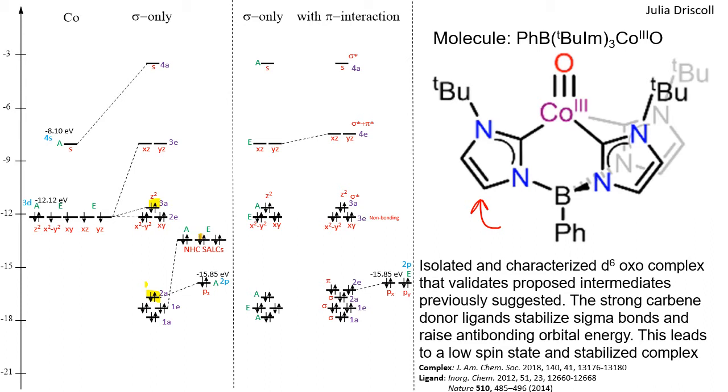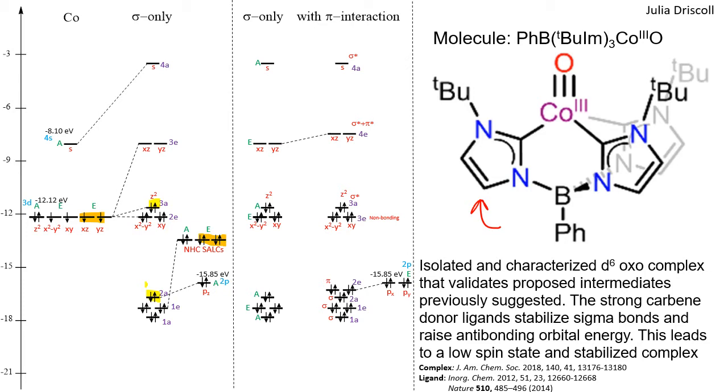So the E SALCs can mix with the xy and the xz and the yz E symmetry orbitals from the 3d, just based on how they line up geometrically in space.